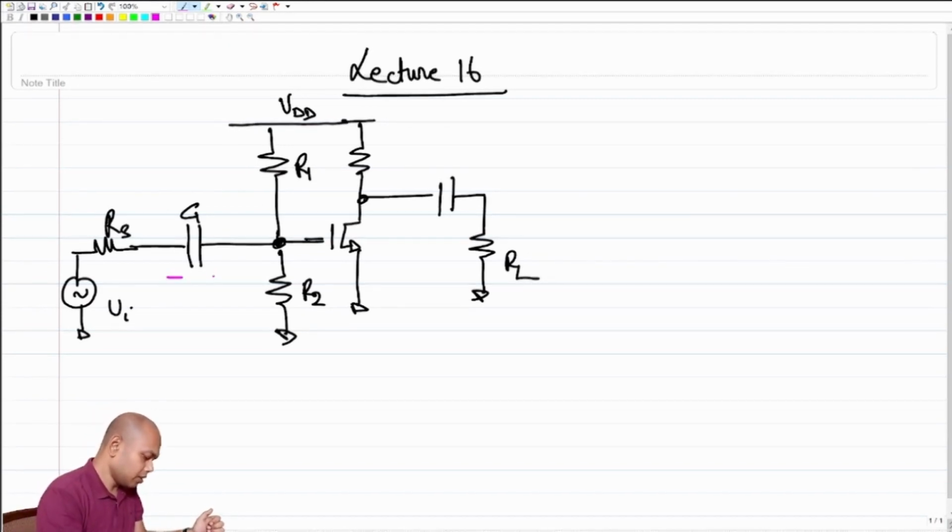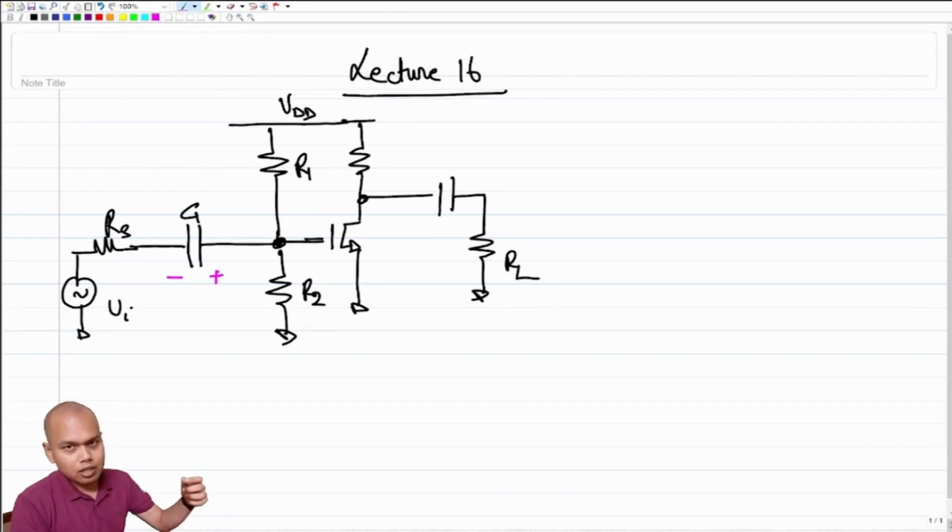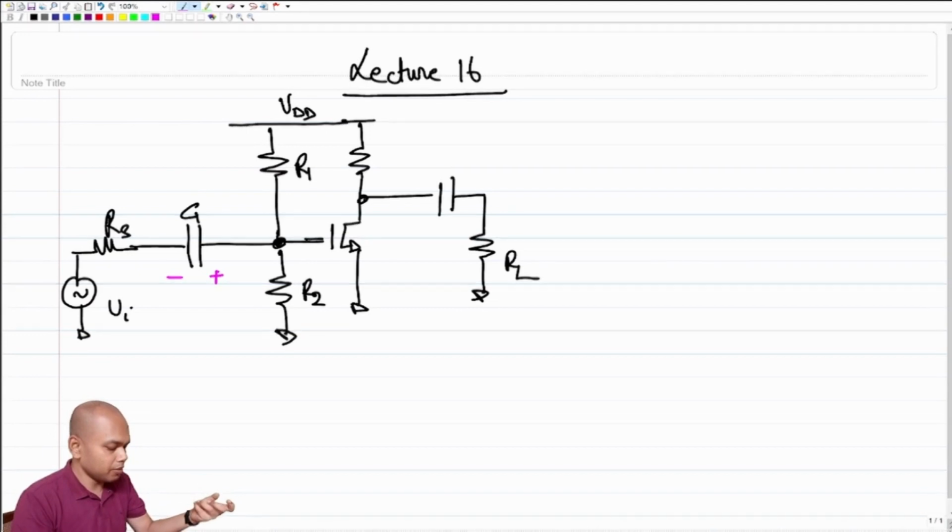So C1 is holding on to a DC voltage of VDD times R2 by R1 plus R2. But also, if C1 is large enough, it is not storing any incremental voltage across it, because an infinitely large capacitor essentially acts as a short circuit, right?